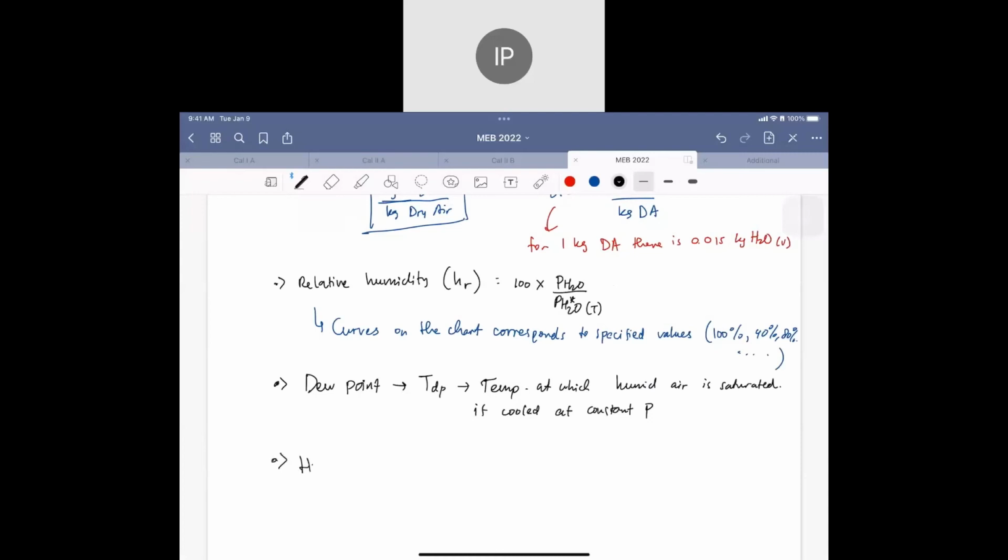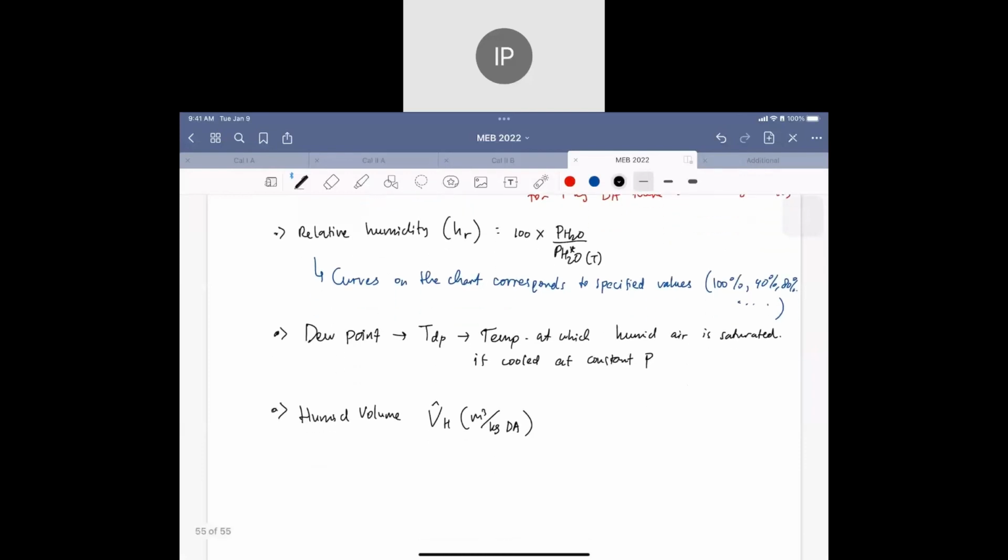The last one is the humid volume, or VH. This is meter cube over kilogram dry air. This is similar to the moisture content, but the content is in volume.